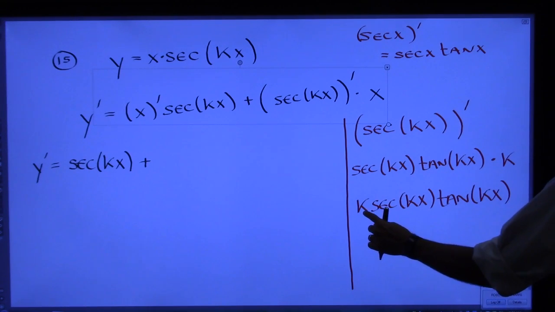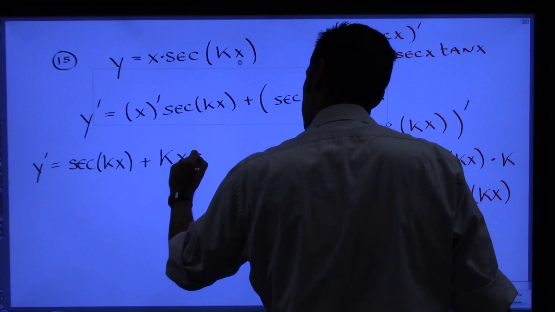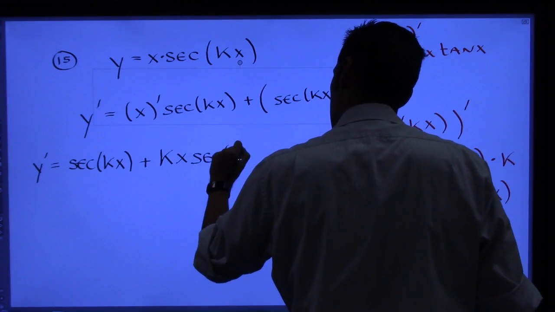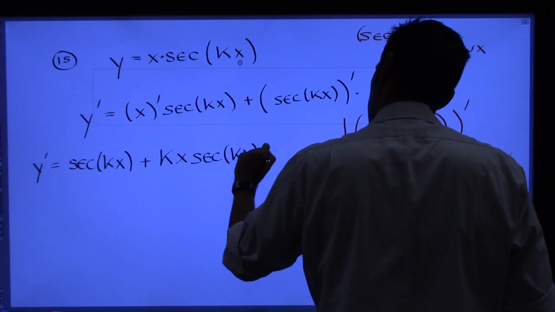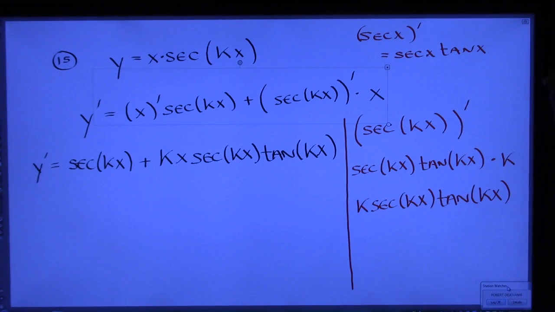So I'm just going to put an x over here. It'll be k, here's the x, and then secant kx, tangent kx. And you could factor out a secant kx, but that's good enough. We're good. Give me just a second here.